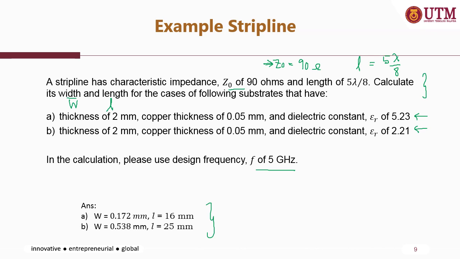You need to calculate the width and the length for two different cases, using different properties of the substrate materials where the strip line is sandwiched. In the calculation, use the frequency f equal to 5 GHz. The answer is shown. However, as I mentioned earlier, you need to show clearly your steps, which include the general equation, and then substituting the values into the equation before your final answer.